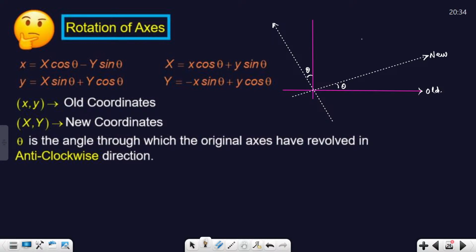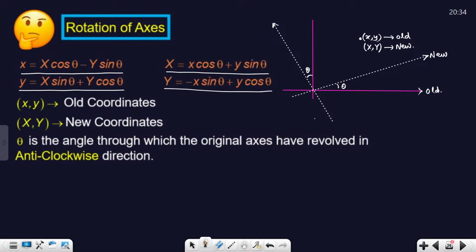Now, if there is a point, let us say this point, which is (x, y) in the old system and (X, Y) in the new system, then this relation exists. How it is coming, you don't need the proof.